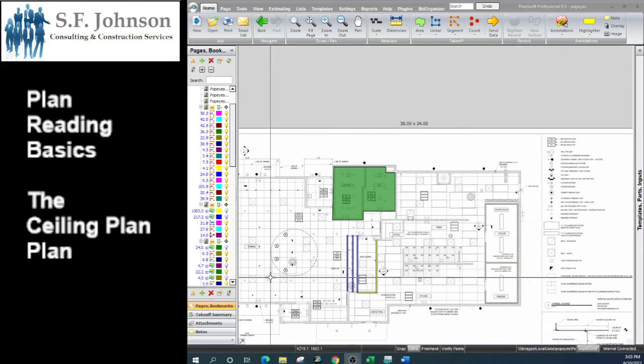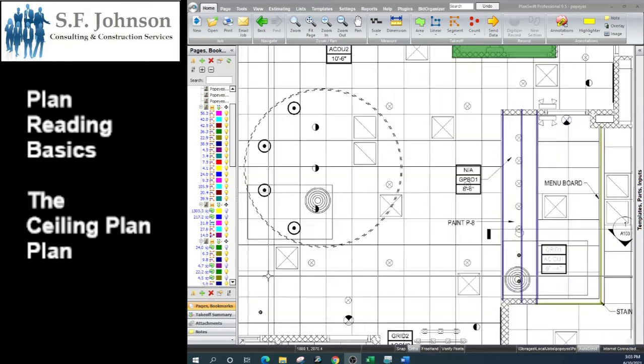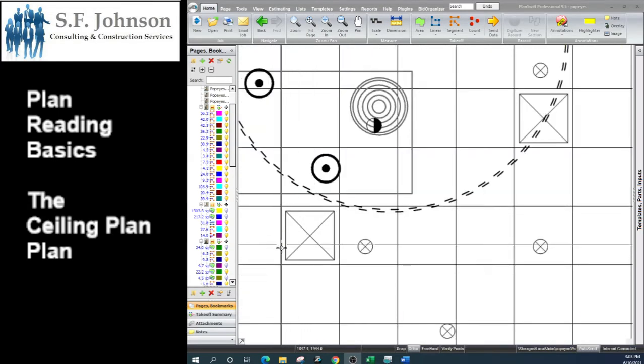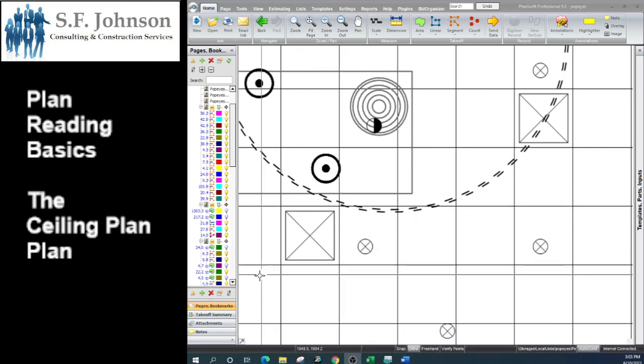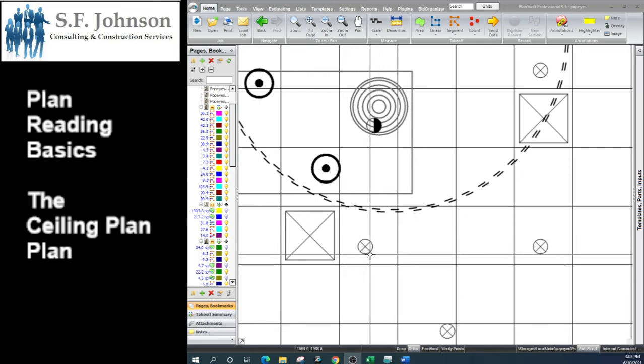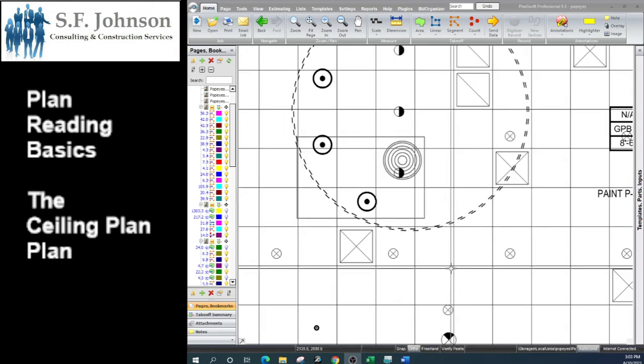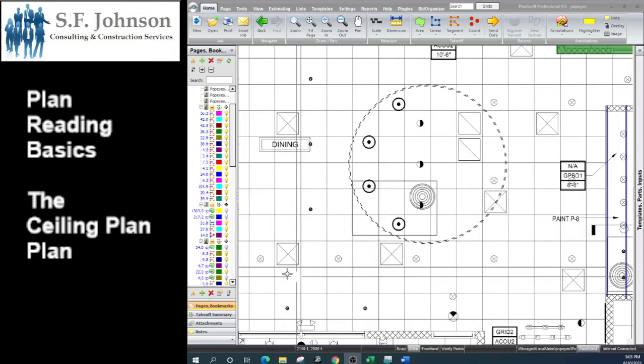And so on the ceiling plan, we're going to see everything that's going to go in the ceiling. Not only the ceiling finishes, but we're also going to see all of the HVAC supply grills represented by the X, and all of the lighting fixtures and where they're represented, because the ceiling finish person needs to know, okay, we'll have 10, 12, 15 fewer 2x2 tiles because why?